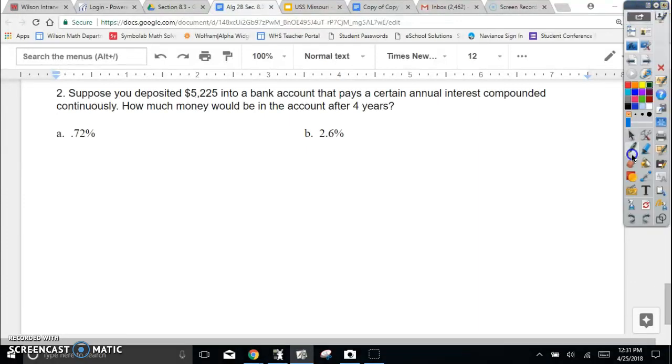Same idea. We're going to suppose we deposited this. This is our P. It pays a certain annual interest, compounded continuously. So it's the same equation after 4 years. So our amount will be 5225 e to the 0.0072 times 4 years.